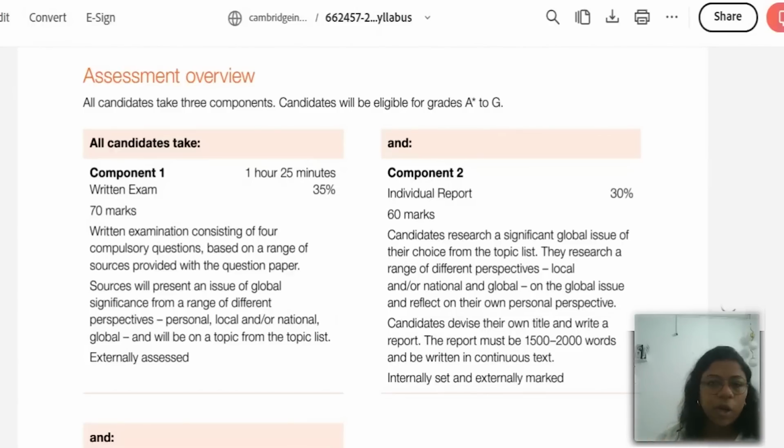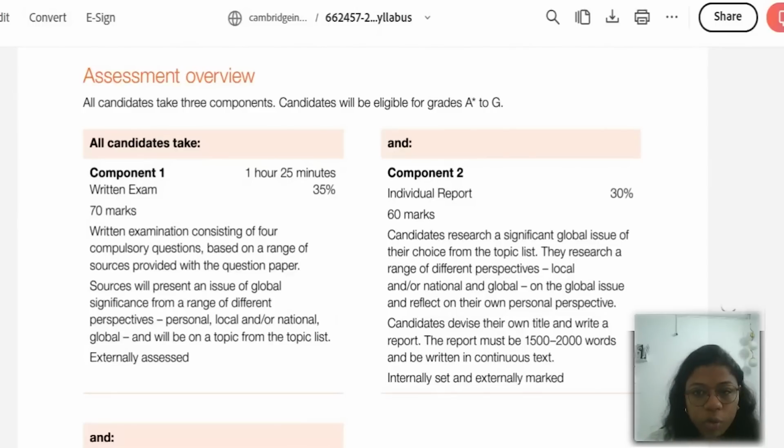Also, one of the most frequently asked questions from most of my students is, are we supposed to know about each and every topic in global perspective? So as I just mentioned, it is not a concept-based subject, it is a skill-based subject.